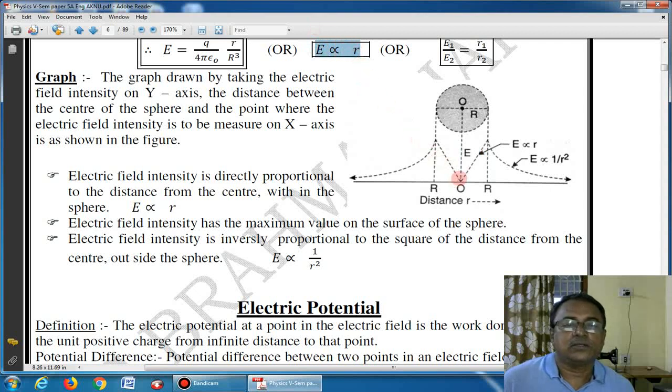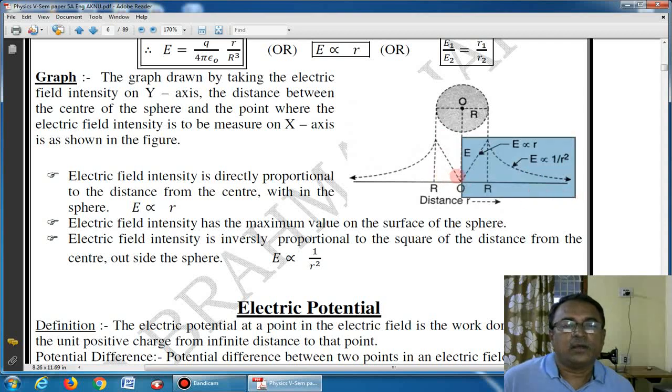So as r increases, E also increases, and outside the sphere the relation is E is inversely proportional to r square, or E is directly proportional to 1 by r square. Then the E value decreases as r value increases, and for the sphere this is the graph.